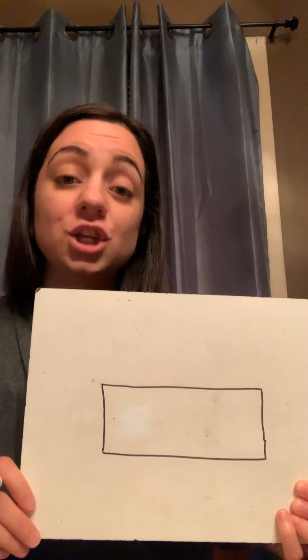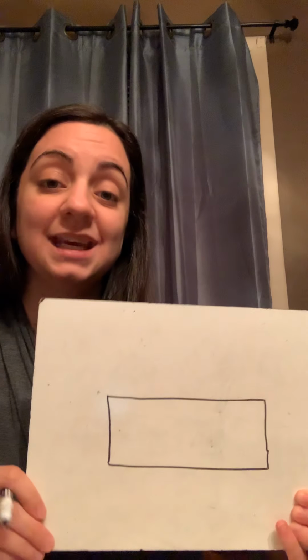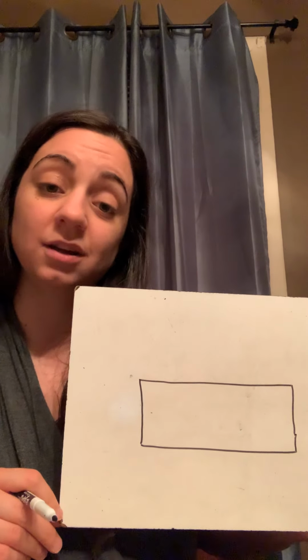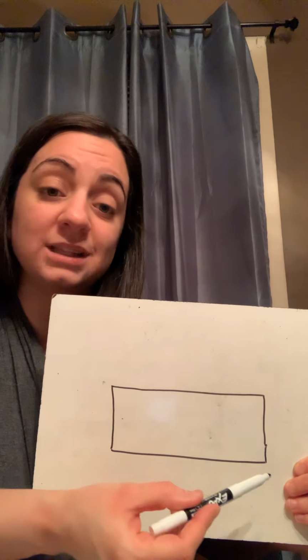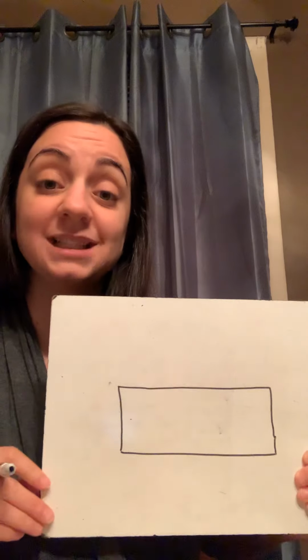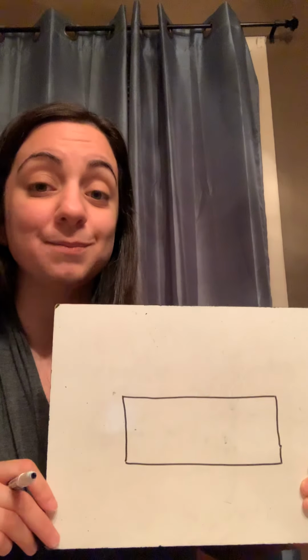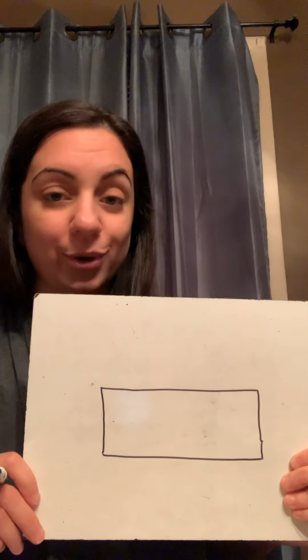For a shape to be a rectangle, the corners have to be in what we call a right angle. And that means they'll look like an L. They'll maybe look like a letter L, maybe like a backwards letter L, or like an upside down letter L. The corners have to be right angles for a shape to be a rectangle also.